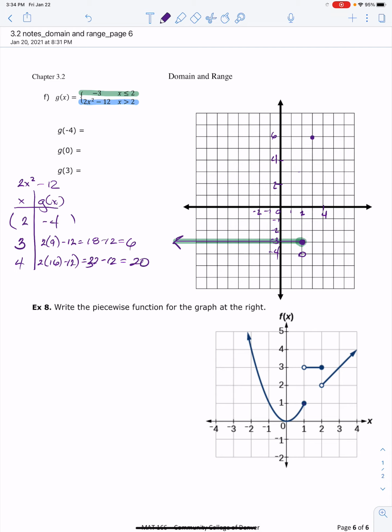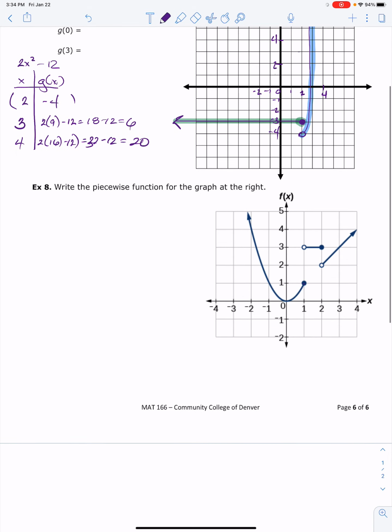That looks like a straight line. That's not what we want. Oh, that's not what we want either. Good enough. And there we go. That one is asking us to go backwards.